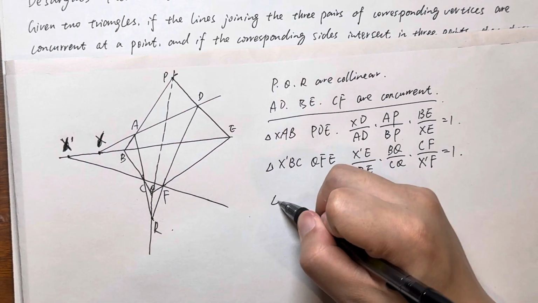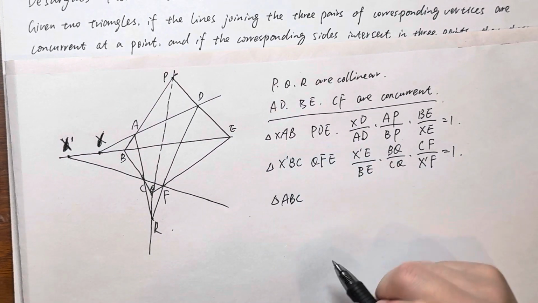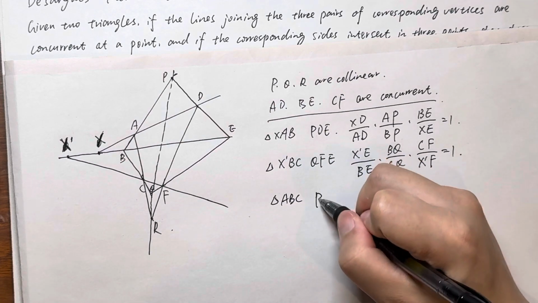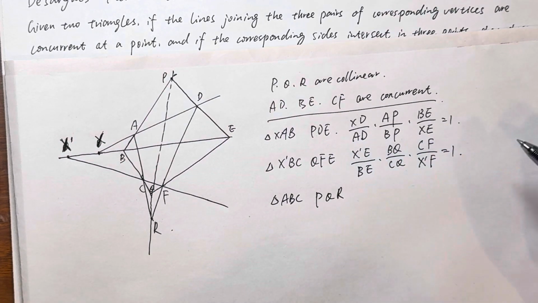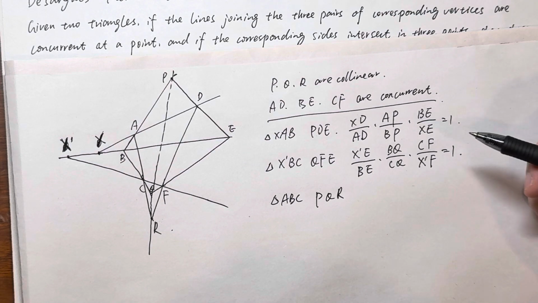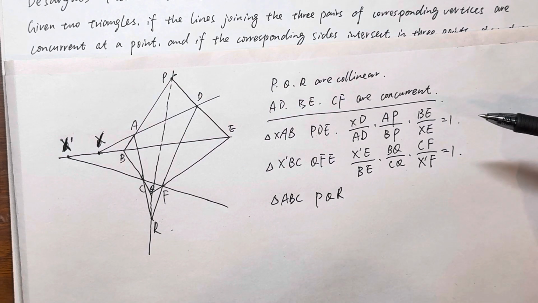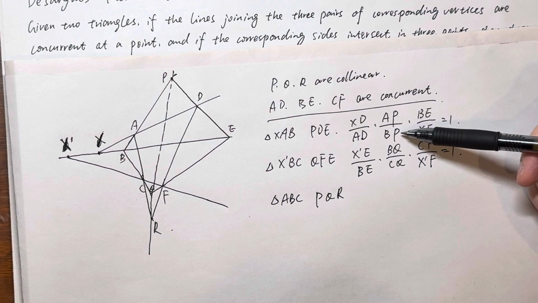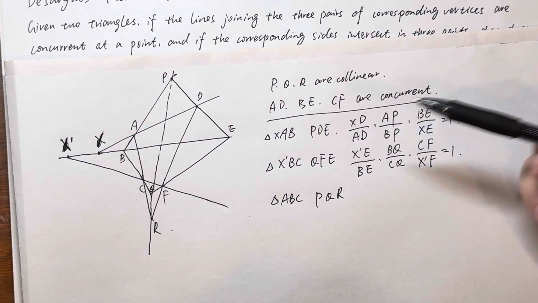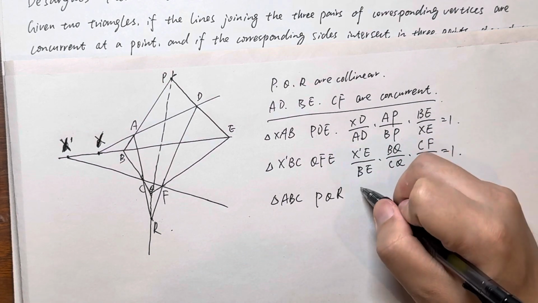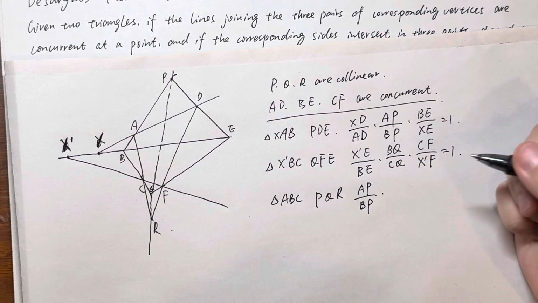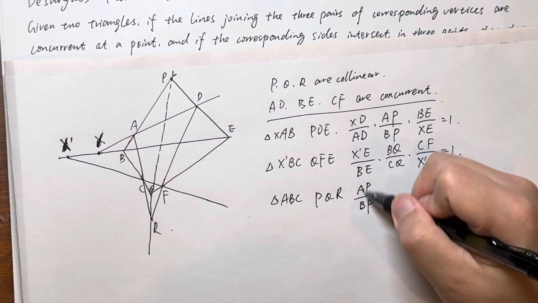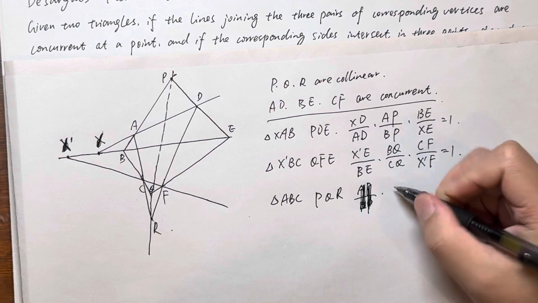And also we have triangle ABC and the line PQR, which is, let's think about that. I want these things to be cancelled. Right here is AP to BP. Oh, actually we use BP to AP, so it's easier to think of.